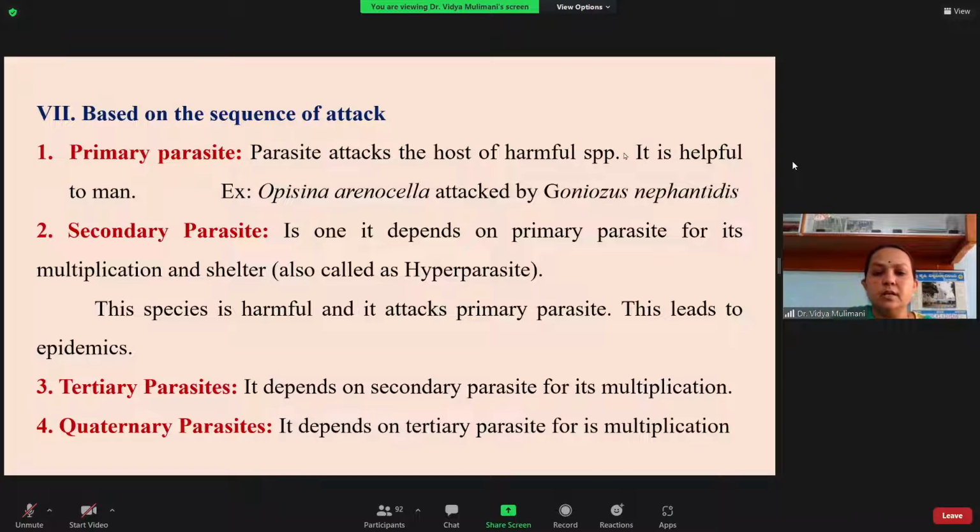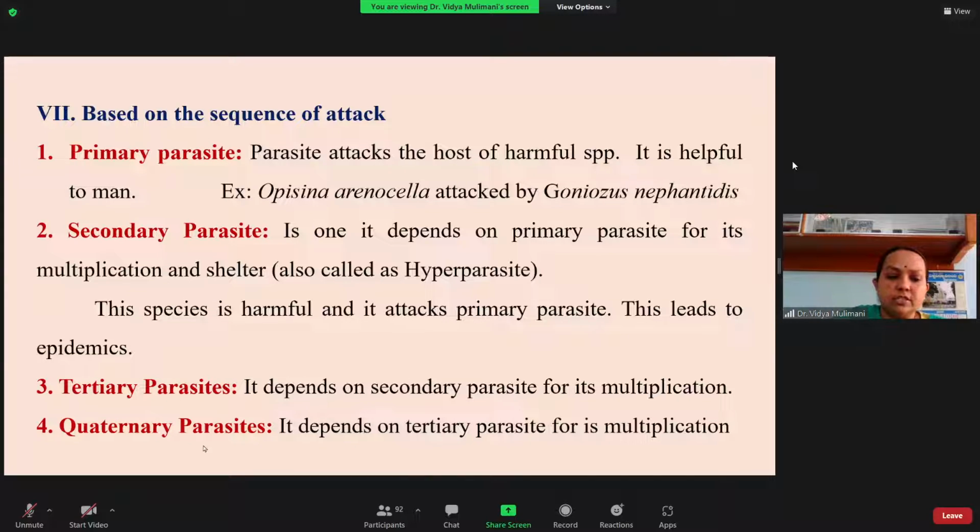For example, here itself you have Goniozus nephantidis. When Goniozus nephantidis goes for pupation in the silken cocoon, it may be attacked by another hymenopteran on the pupa. The one which is attacking the pupae of Goniozus, you can call a secondary parasite. That means it is not beneficial to man because they are attacking our parasites which are helpful to us. That is why the secondary parasites are not beneficial to man.